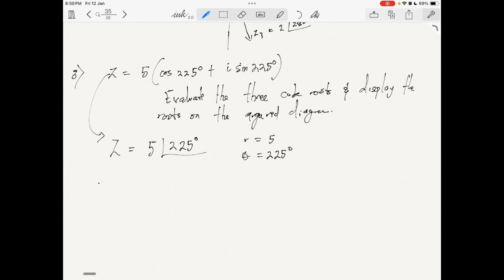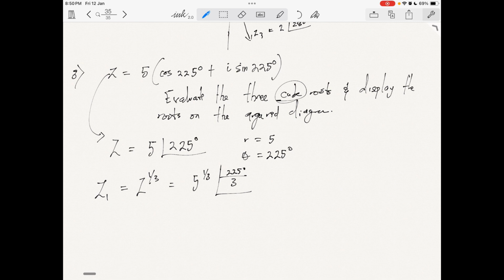Now we can evaluate the first cube root, that's Z1, using Z raised to power 1 over 3 because we are dealing with cube roots, which is equal to 5 raised to power 1 over 3 argument 225 degrees divided by 3.